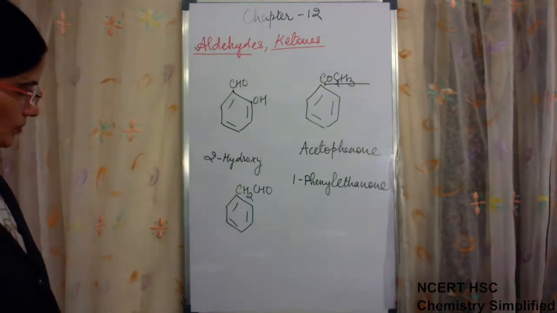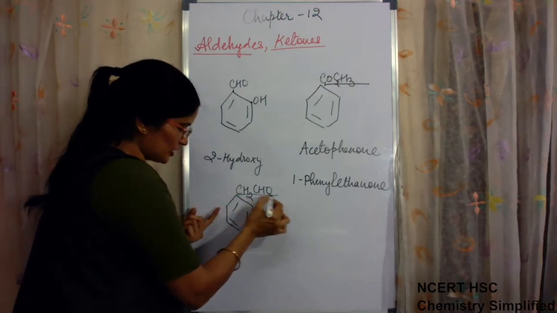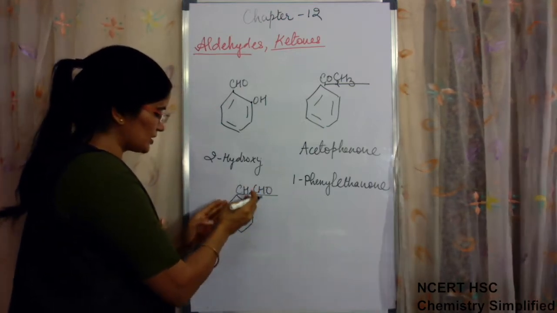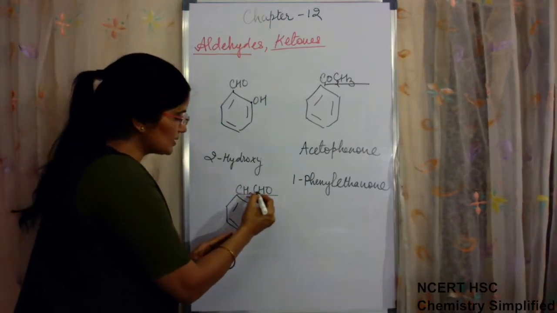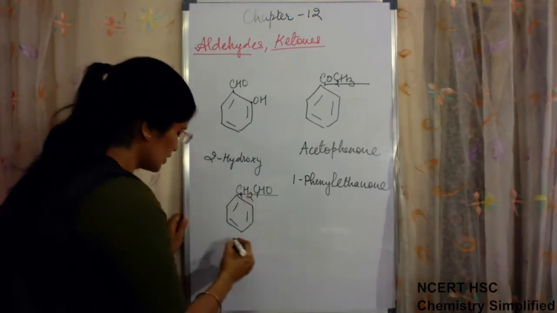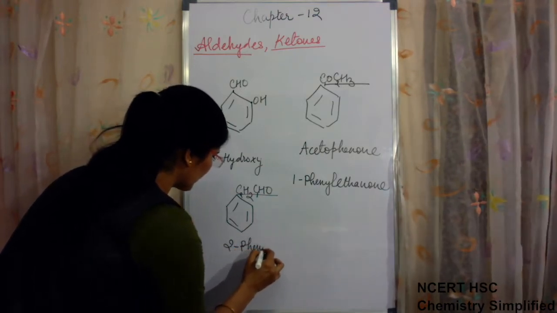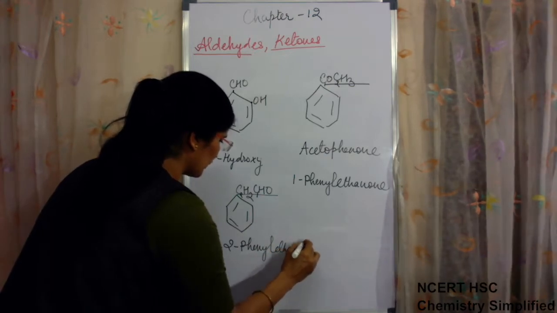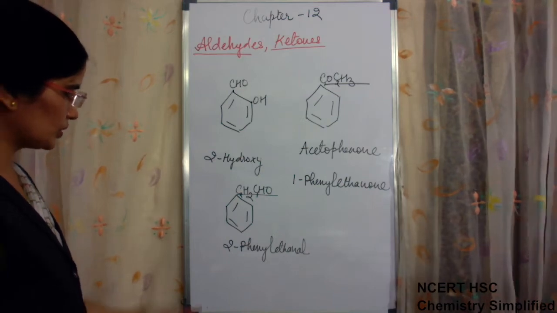In this condition, again, because the functional group is present in the side chain, the alkane chain will now be treated as the main chain and this will be treated as a substituent. Because the functional group is this, numbering will start from this end, 1 and 2. So it is 2-phenyl and this is ethanal. This is 2-phenylethanal. Okay.